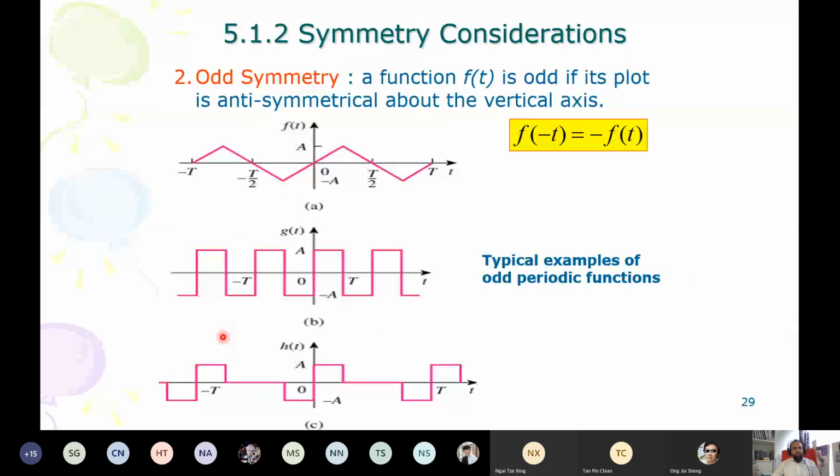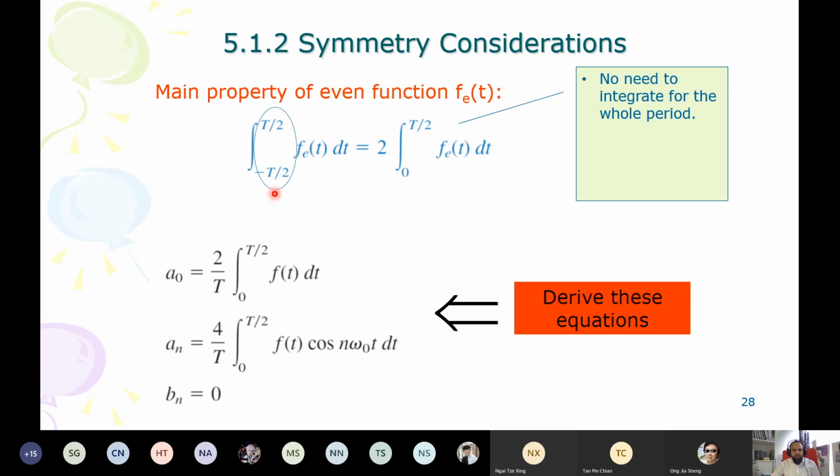For odd symmetry, when we do the time reversal, we also reverse the amplitude. So going from 0 to, let's say, T by 2, when we reverse it and go to this side, the value is also negative, which was not the case in even symmetry.